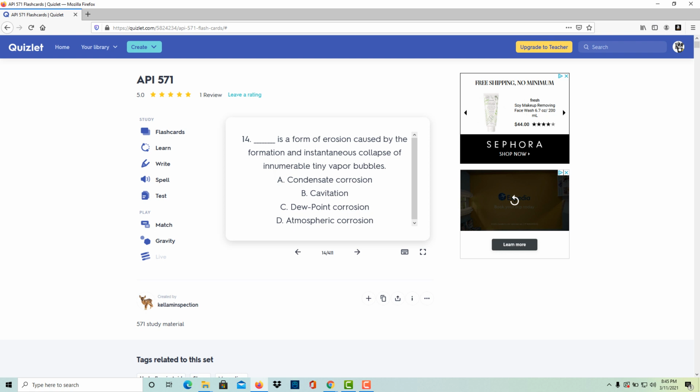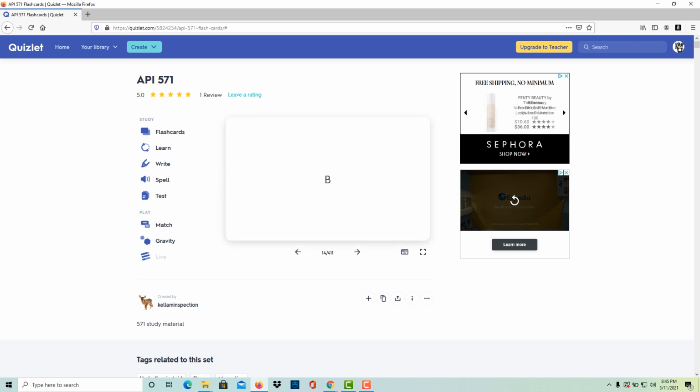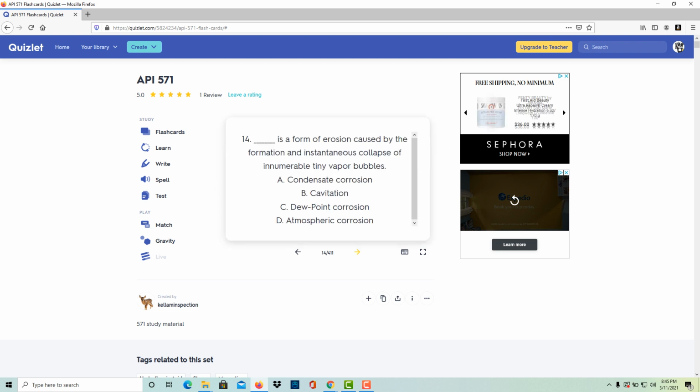Blank is a form of erosion caused by the formation and instantaneous collapse of innumerable tiny vapor bubbles. That would be cavitation. B, cavitation.